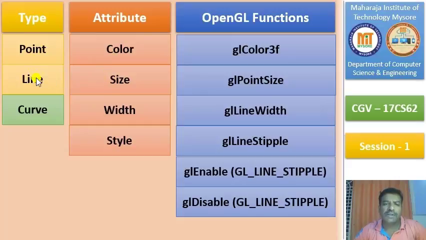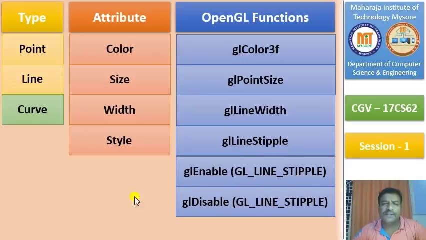For the line, we have discussed color, width and style and their respective APIs: GL color for the color attribute, GL point size for the size attribute, GL line width for the width attribute, and GL line stipple for the style attribute of a line. And GL enable and disable we are supposed to use whenever we want to enable the GL line stipple, or whenever we want to disable it.